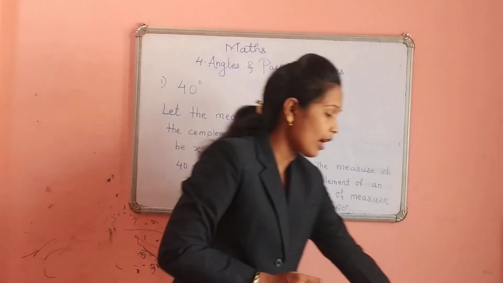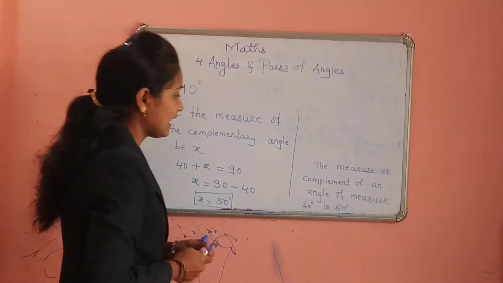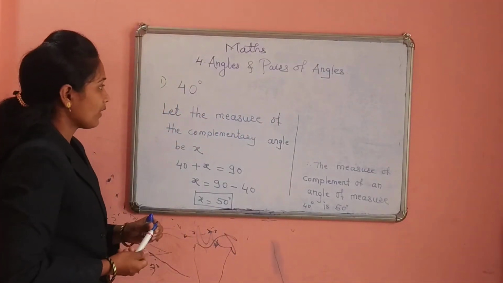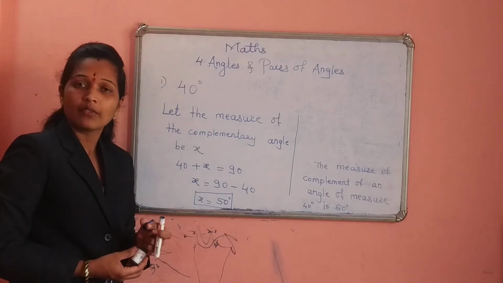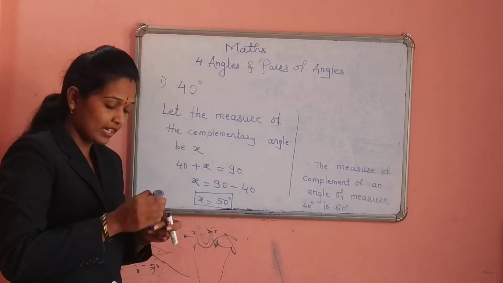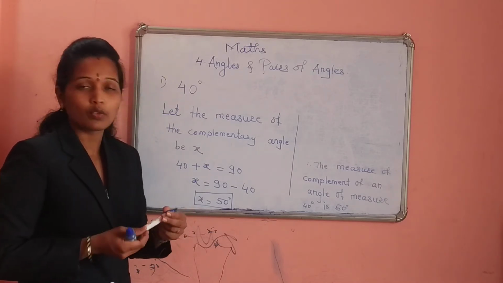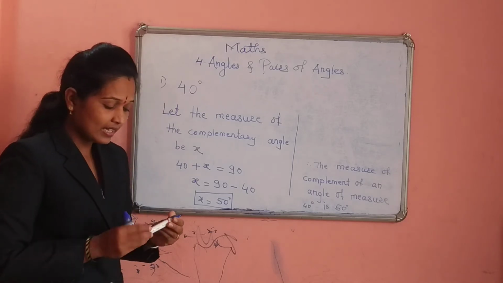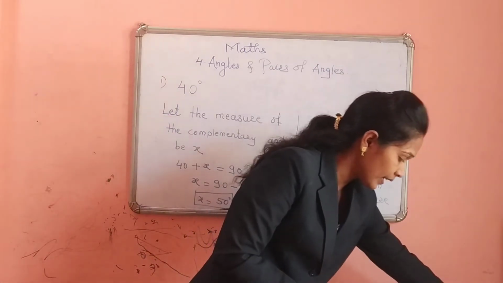By the same way you have to write down the statement, because whenever you write down the statement, it is easy for you to solve the example. It means in front of us 40 degree angle is given and we can find out the complement of 40 degree, because complement of 40 degree is 50 degree. Why 50 degree? We know that the measurement of complementary angle is 90 degree. So the complementary angle of 40 degree is 50 degree.